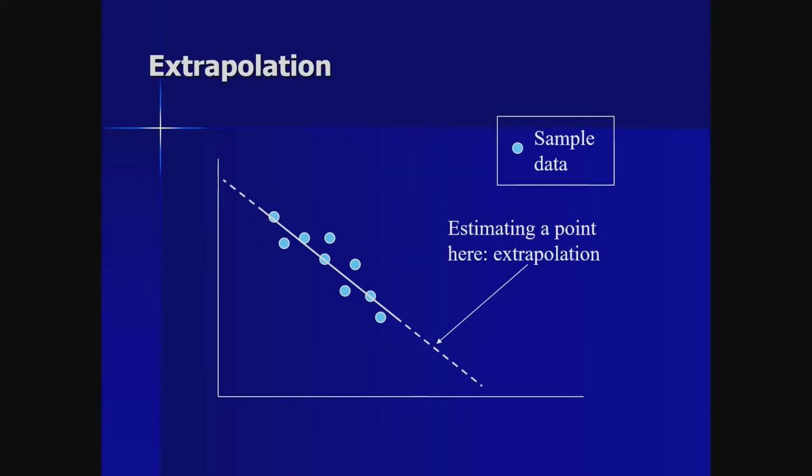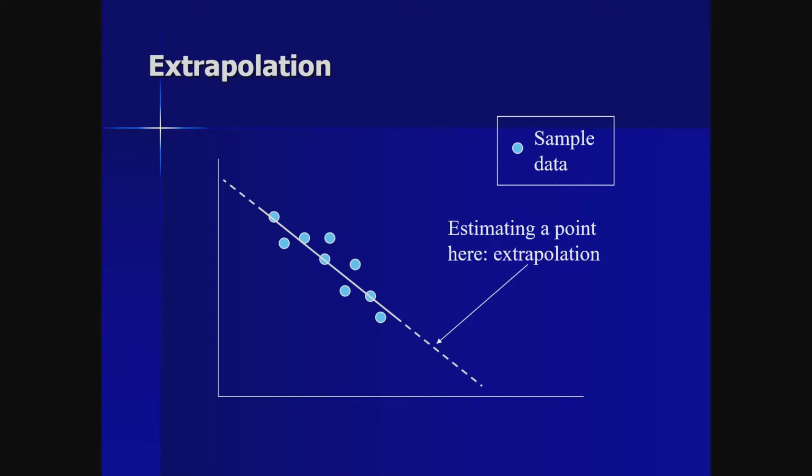Now you might have heard this word before, extrapolation. Just like in math class, estimating a point outside of this boundary, outside of this range, isn't good. That's referred to as extrapolation. So when you go run these tools, you might see really weird values. If you input these points right here, it may be that these points out here are totally wrong.